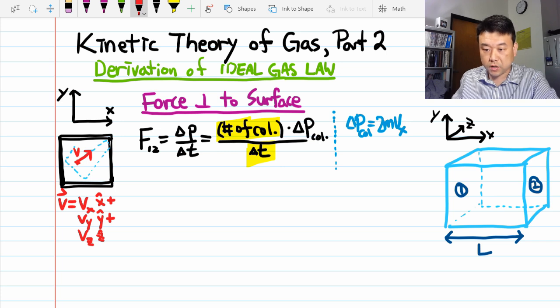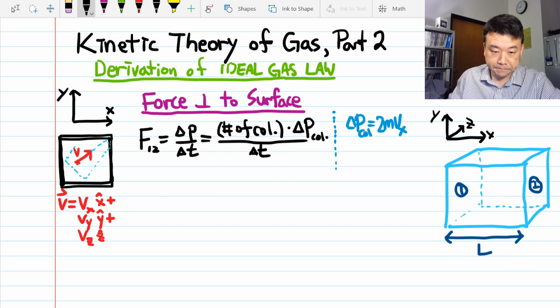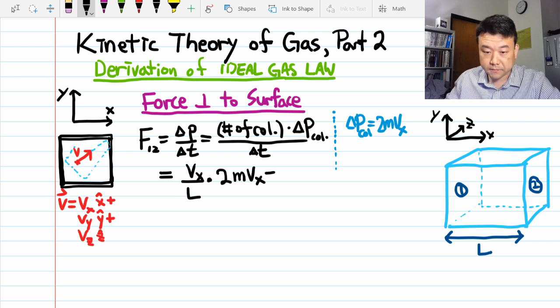So when you imagine a gas particle starting from the left side, moving to the right with the speed of vx, the amount of time it takes to the next collision when it reaches wall number 2 is going to be the distance, L, divided by the speed, vx. So take the reciprocal of that, that's vx over L. Okay, let's write that down. And the change of momentum per collision, or we can simplify this a little bit.